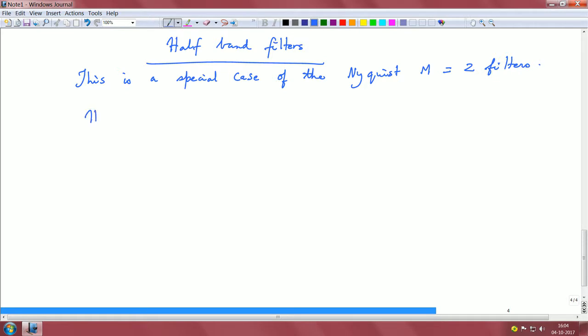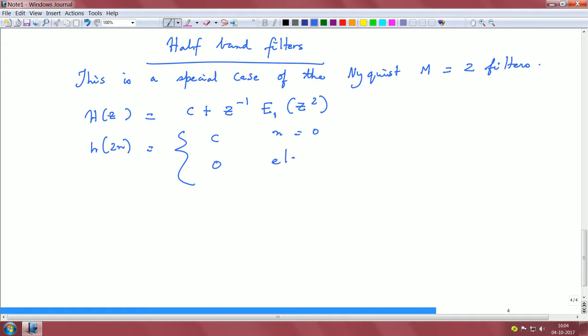So, therefore, we can expect h of z to be of the form c plus delay times some E1 of z square, where E1 is the polyphase component. So, therefore, h of 2n is c when n equals 0 and this is 0 otherwise. It is not too difficult for you to see because these are all odd polynomials, right.